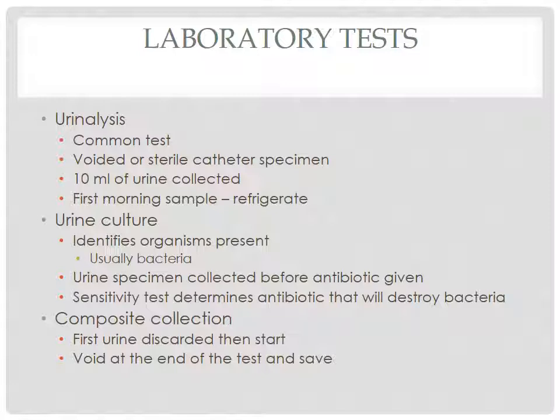I want to bring your attention down to ketones. Normally there's no ketones in the urine. When there are ketones in the urine, it's telling you that the body has been using fats for energy.